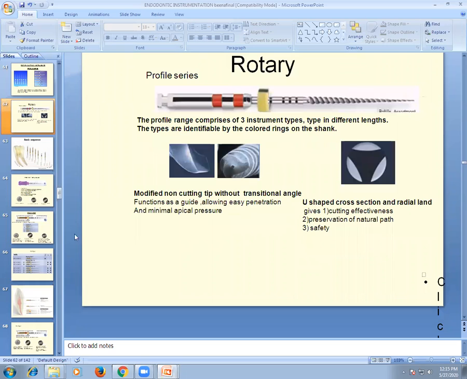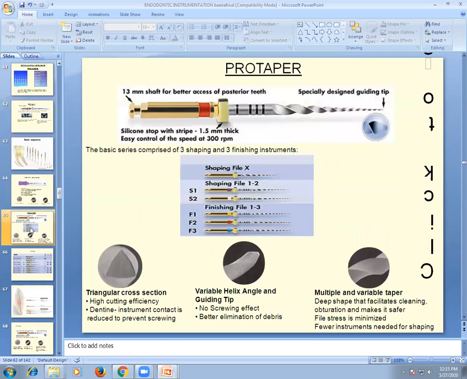Now you don't have to remember each and every file system. Just remember the basic ProTaper, which can be asked as a short note. Okay, so ProTaper, this you can see. The basic series is comprised of 3 shaping and 3 finishing instruments.